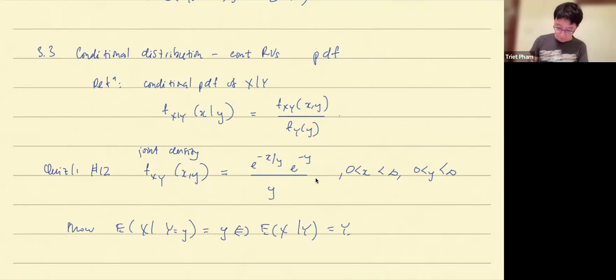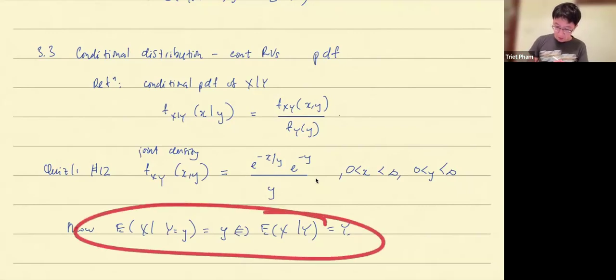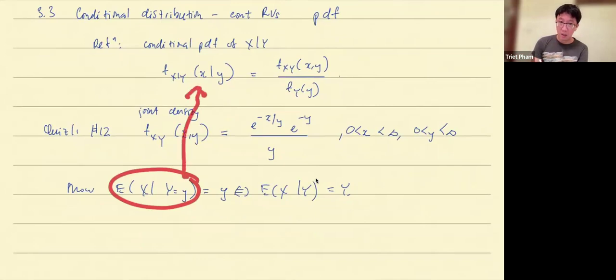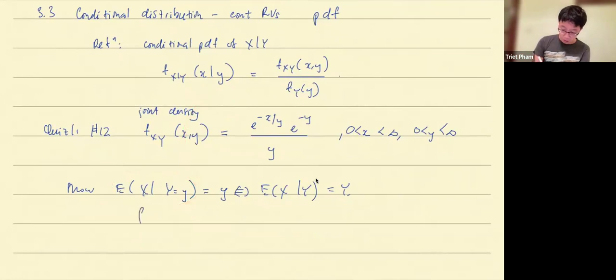Well, first of all, what do we need to calculate conditional expectation? Well, here, to calculate conditional expectation, you will need the conditional density, right? So basically, here, it will be something like integrate x against the conditional density. So, sorry, this is x.